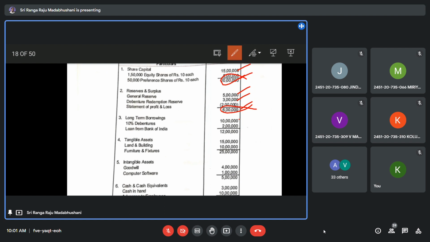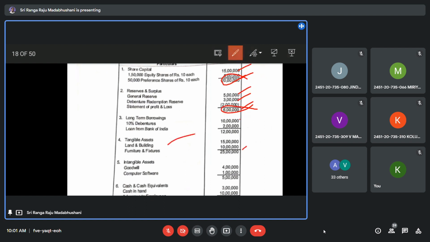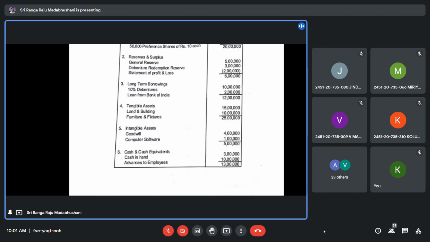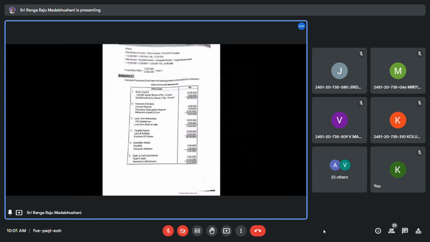Assets: tangible assets 25 lakhs, intangible assets 5 lakhs, and current assets 13 lakhs. 25, 5, 30, 43 lakhs. So the total assets is 43 lakhs.